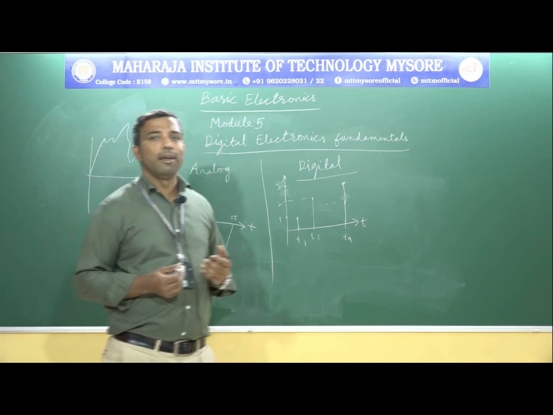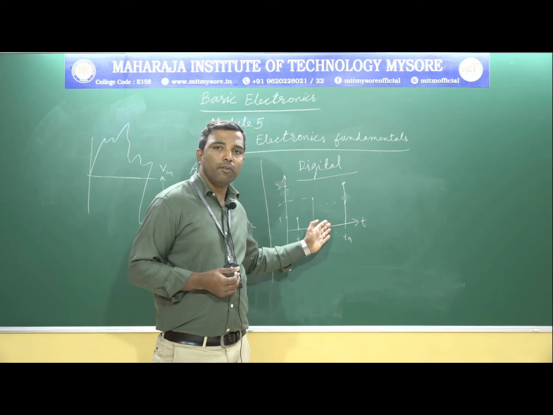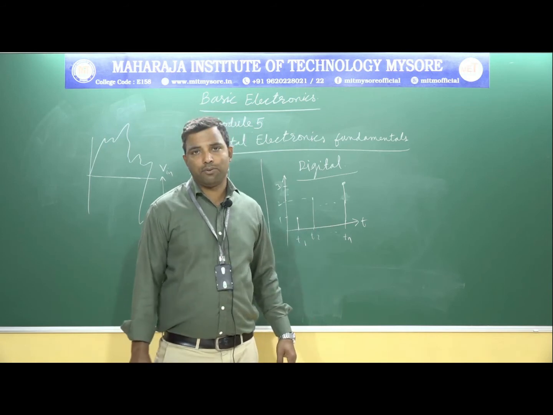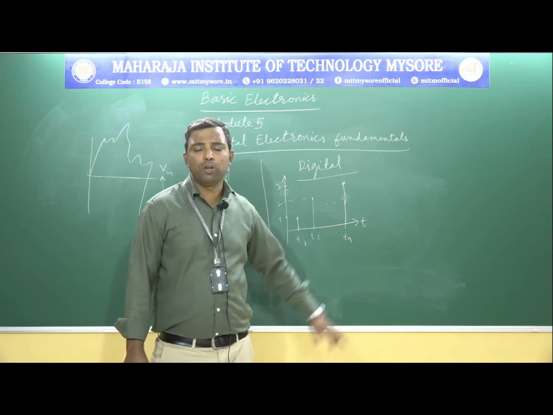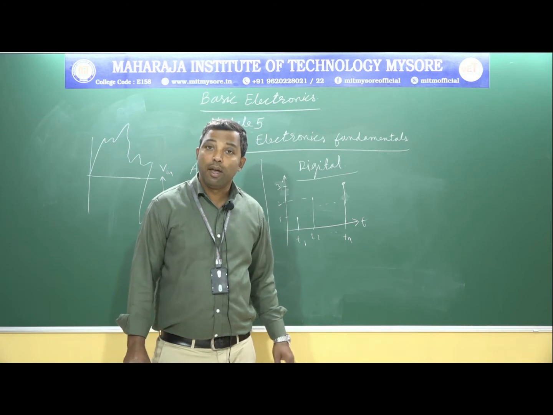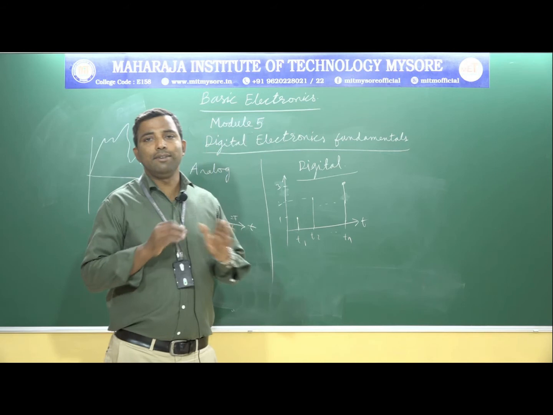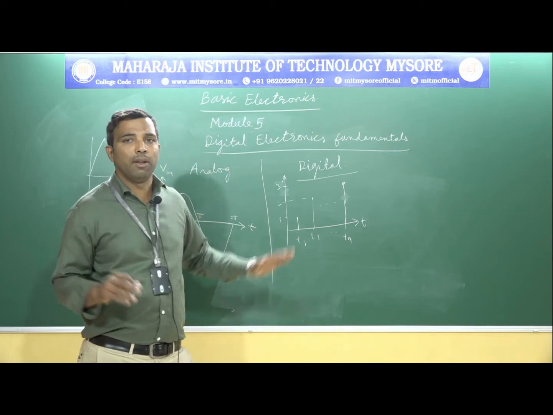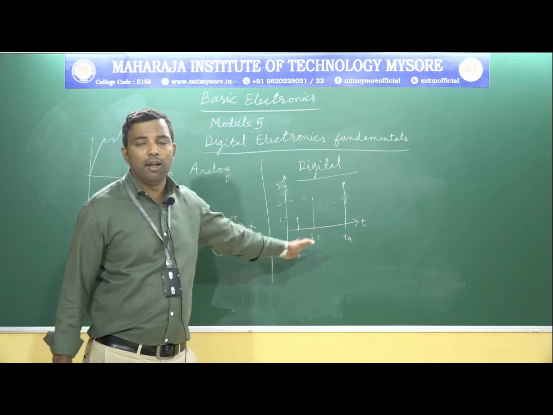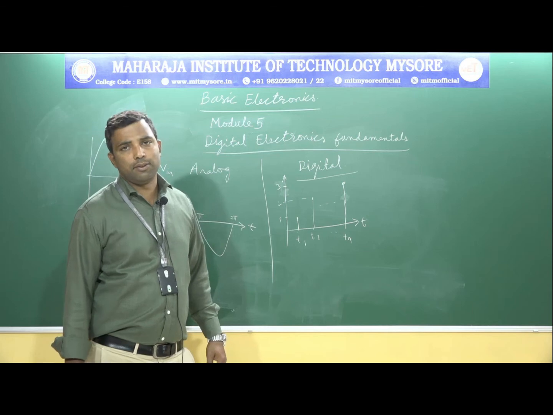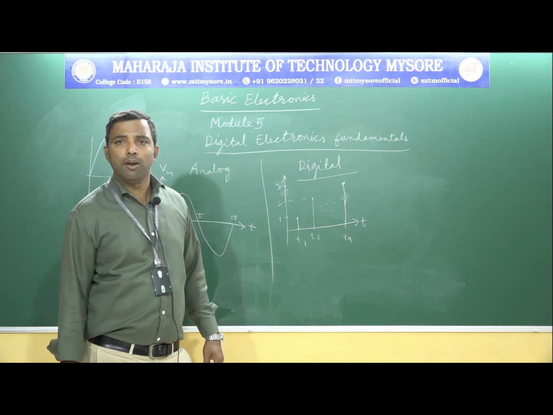Moreover, we can use low cost devices, and it is less susceptible to noise. Efficiency increases in digital. So, these are some differences between analog and digital. We are going for the analysis in the digital domain.